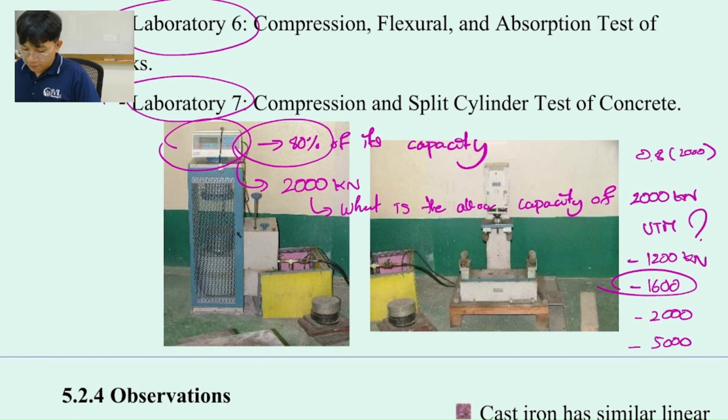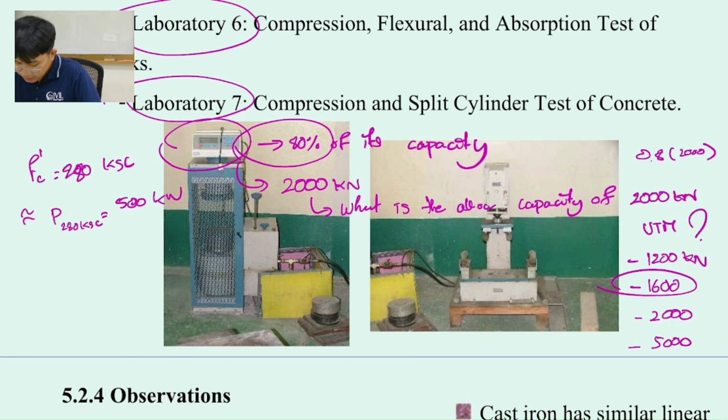So for this one, if you use the f'c of the concrete equal to 280 KSC, the P of the 280 KSC is just only about 500 kilonewton, I guess. So it's okay to use this 1600 allowable capacity. So it's okay to use for this machine.